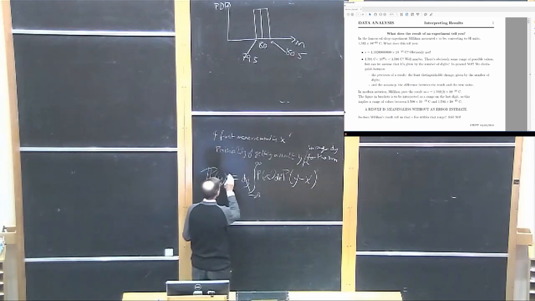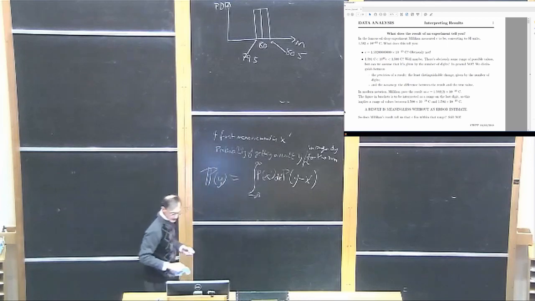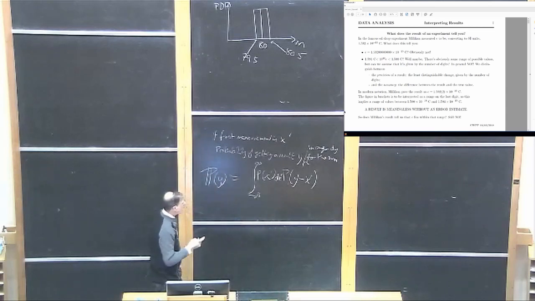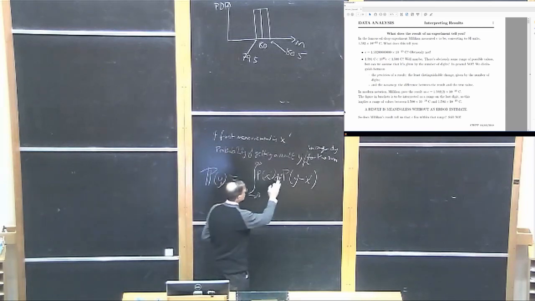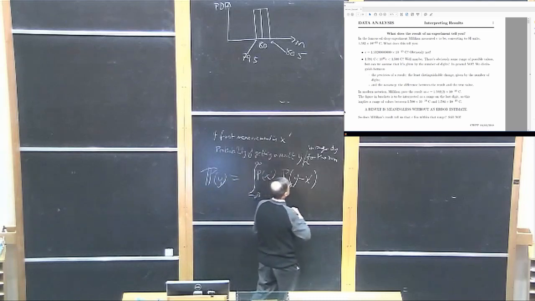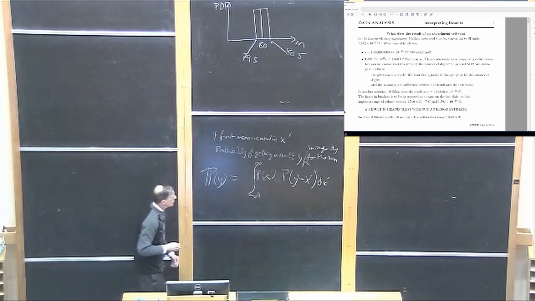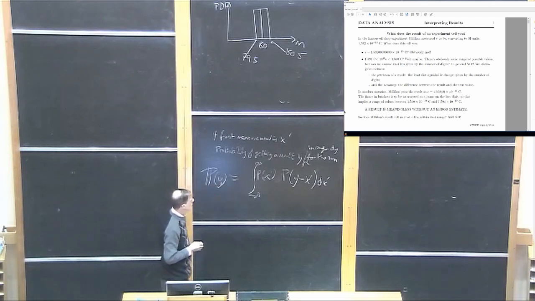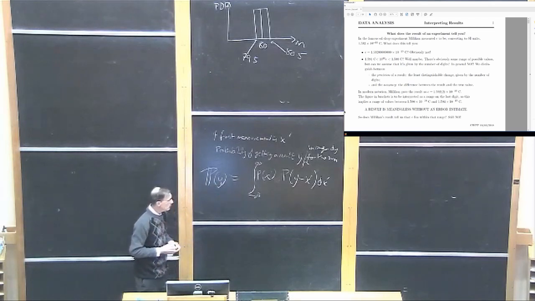So the probability function of the result involves doing that integral over the two probability functions of the two measurements. And that's called a convolution. I'll put the dx prime in its usual place. So the result of two measurements is a convolution of the error distributions of each individual measurement.